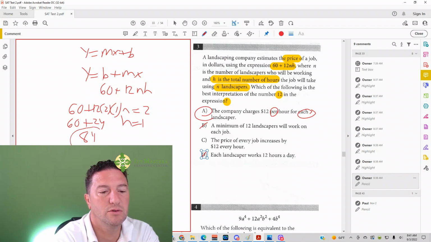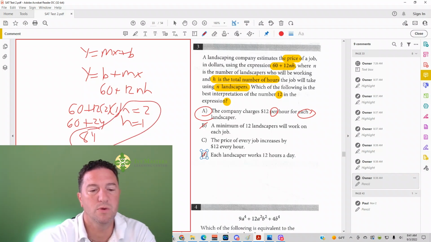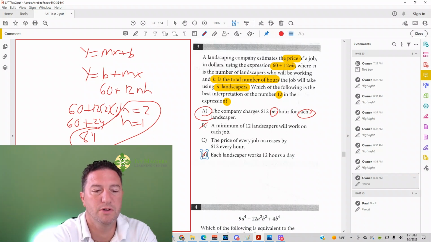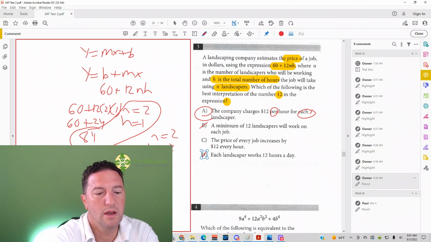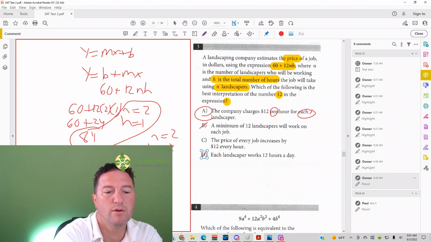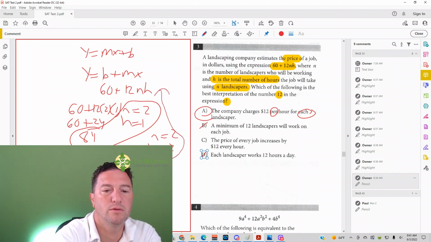Okay, I'm going to circle these together because when n is 2 and h is 1, the price of your job is 84. So now let's say I made my n 2, and I made my h equal 2. So now it's going to be 60 plus 12 times 2 times 2. I'm working below the radar over here, so I'm going to work it up here.